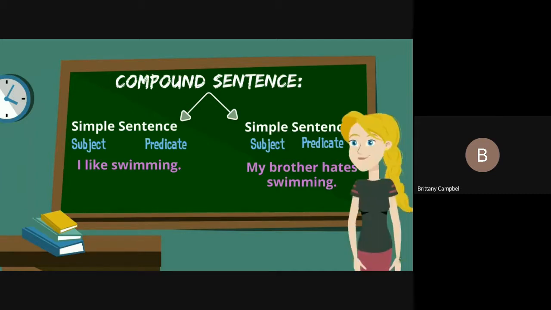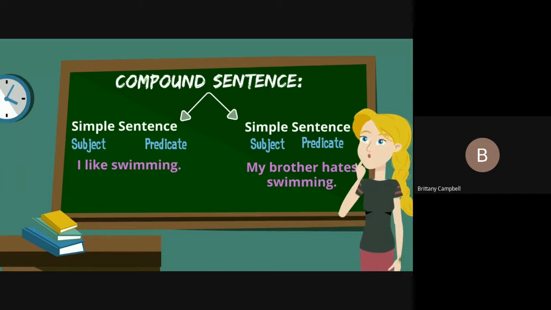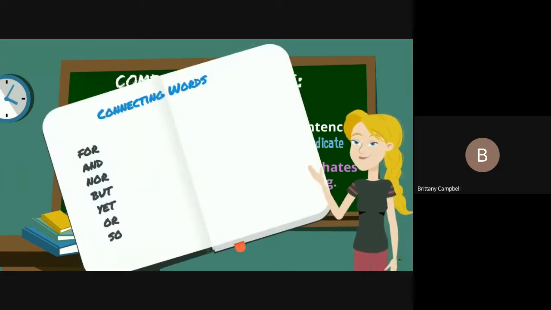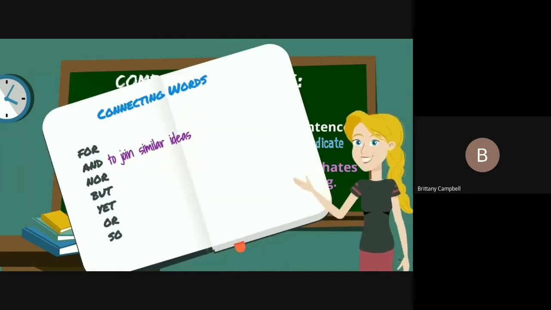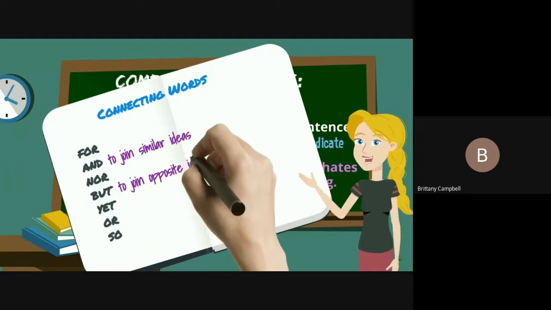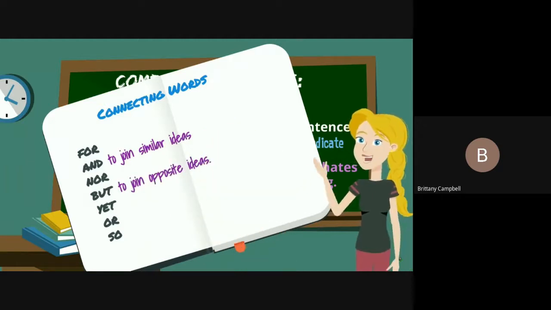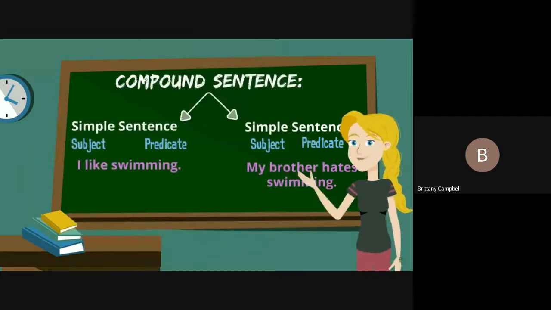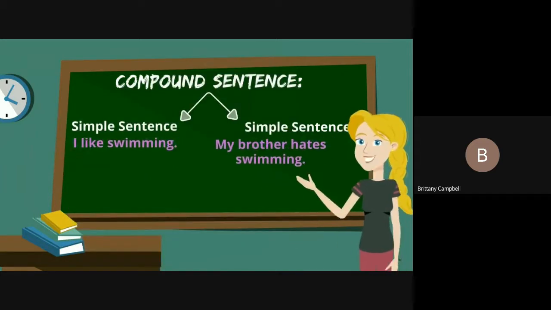When do we use and, but, or? We use and to join sentences with similar ideas. We use but to join sentences with opposite ideas. And we use or to show choices. I like swimming. My brother hates swimming.